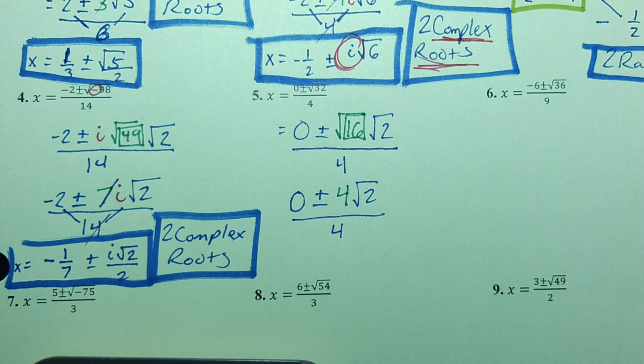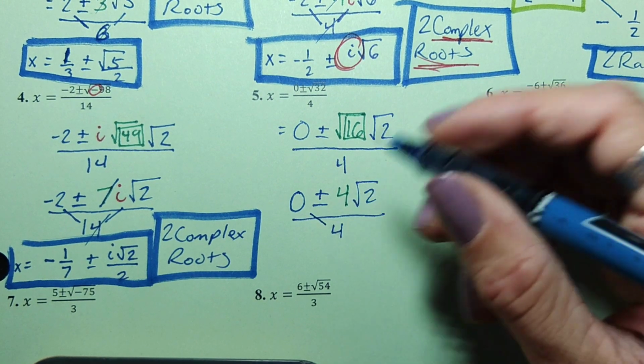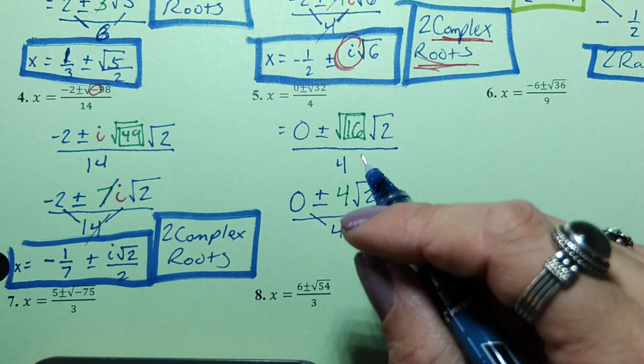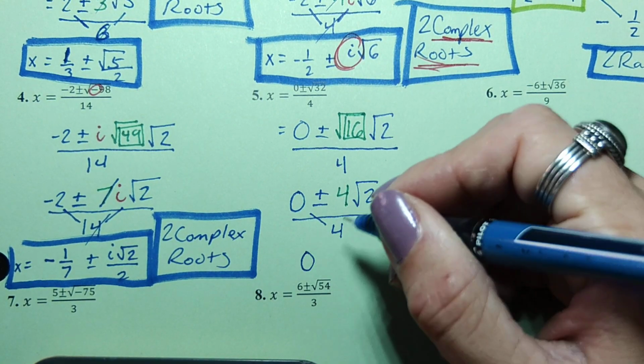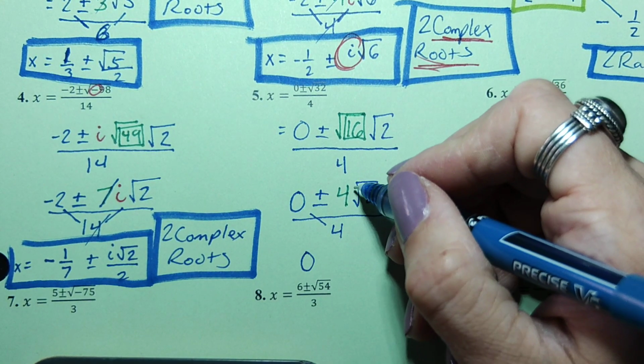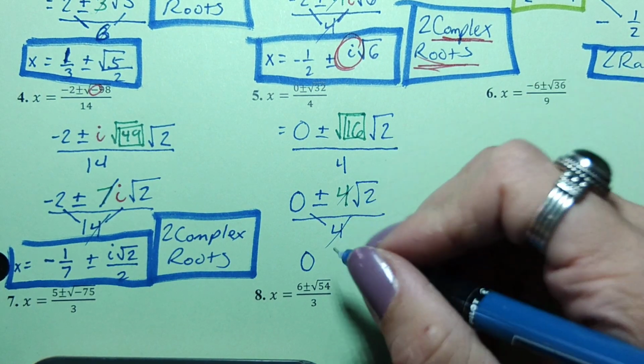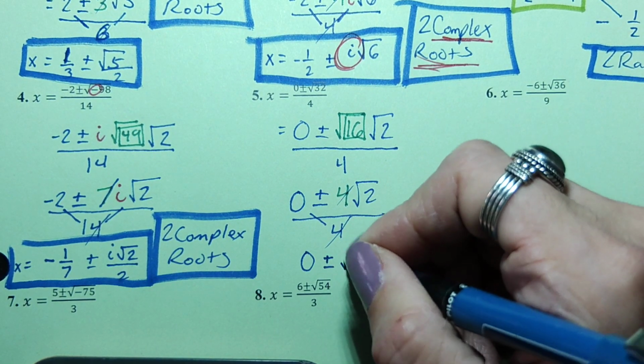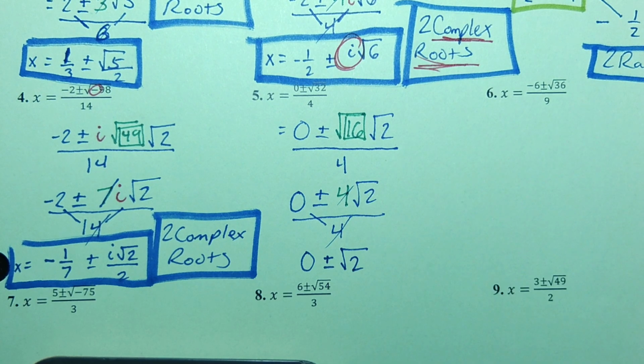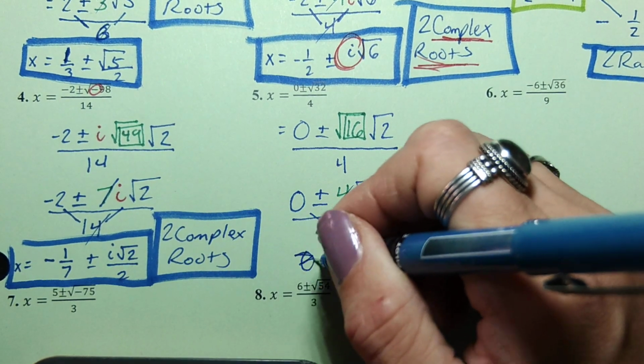Now when I do division distribution, what's 0 divided by 4? 0. What's 4 divided by 4? 1. So I get 0 plus or minus 1 square root of 2, or just square root of 2. Folks, do I need that 0 in front? Nope.